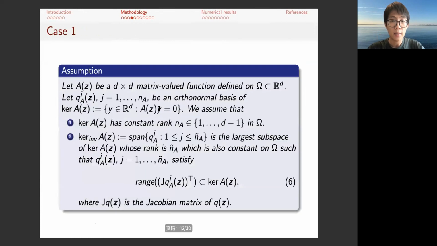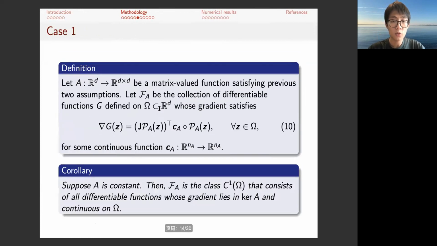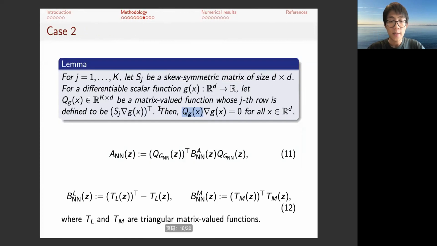So we need to add another term through the spectral decomposition theory from linear algebra, in the sense that we parameterize A to be equal to QG transpose times BA times QG, where if we want A to be skew symmetric, then we parameterize BA as a skew symmetric matrix, like here. We parameterize it as the difference between two triangular matrix valued functions. And here, TL is also a neural network.